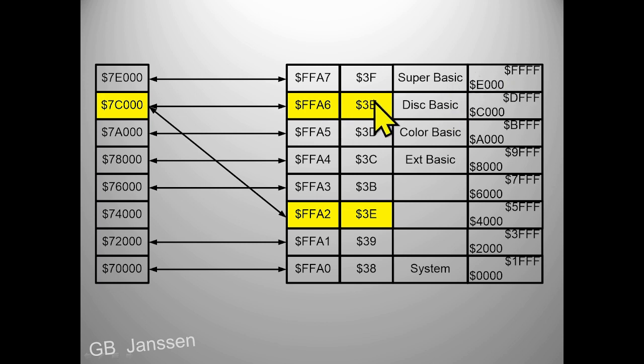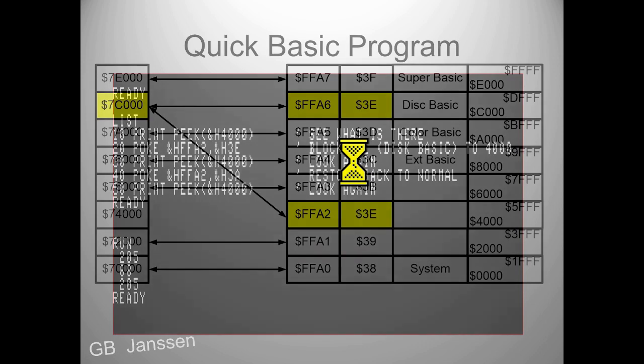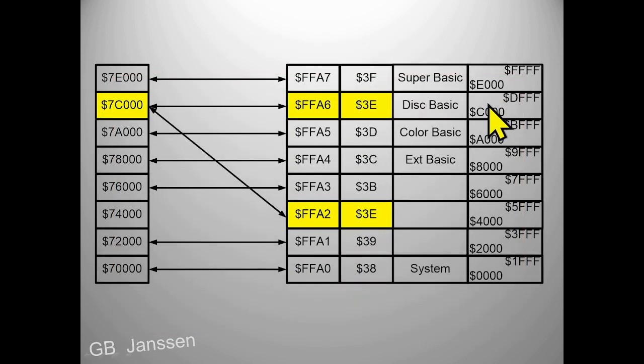Likewise, Disk BASIC is block 3E, whose real physical address is 7C000, and you address it at C000 to DFFF. Remember, we poked or stored 3E down here in this MMU register number 2, so its physical address is also the same as the one up here. So whatever we see at 4000, we see at C000.